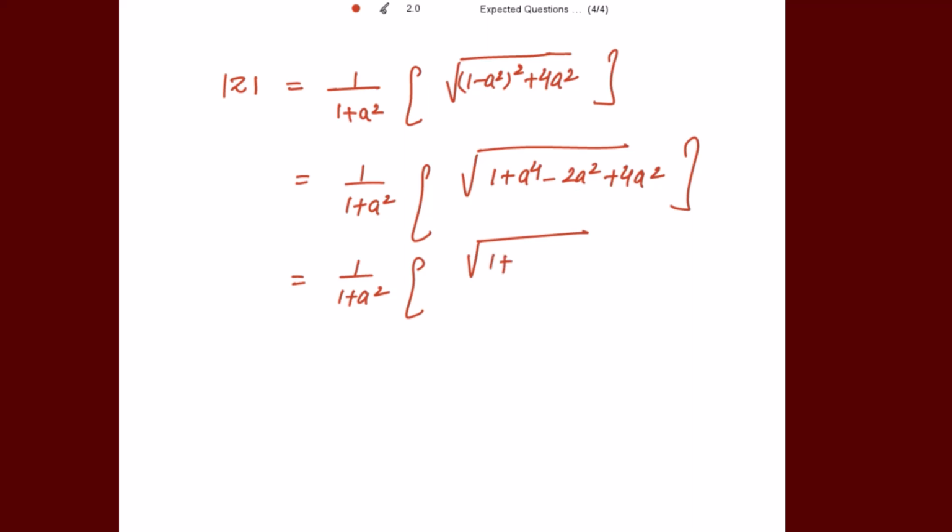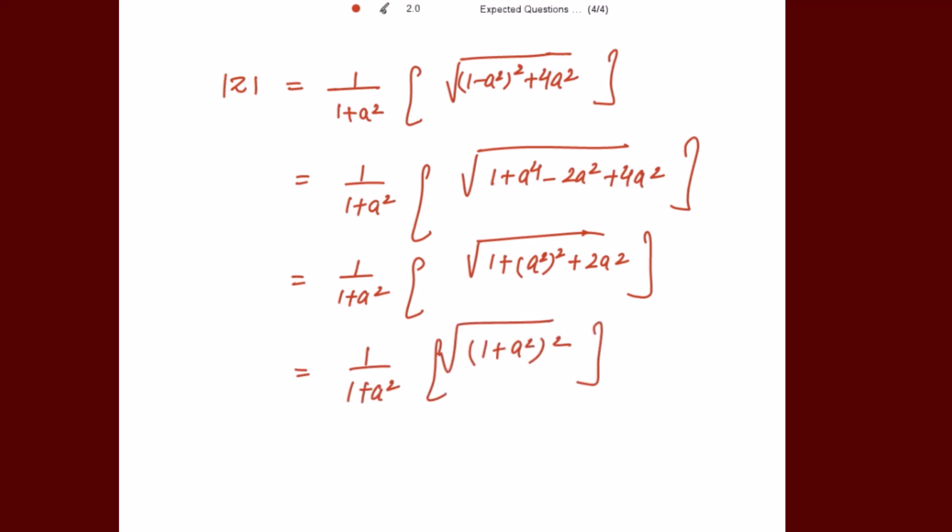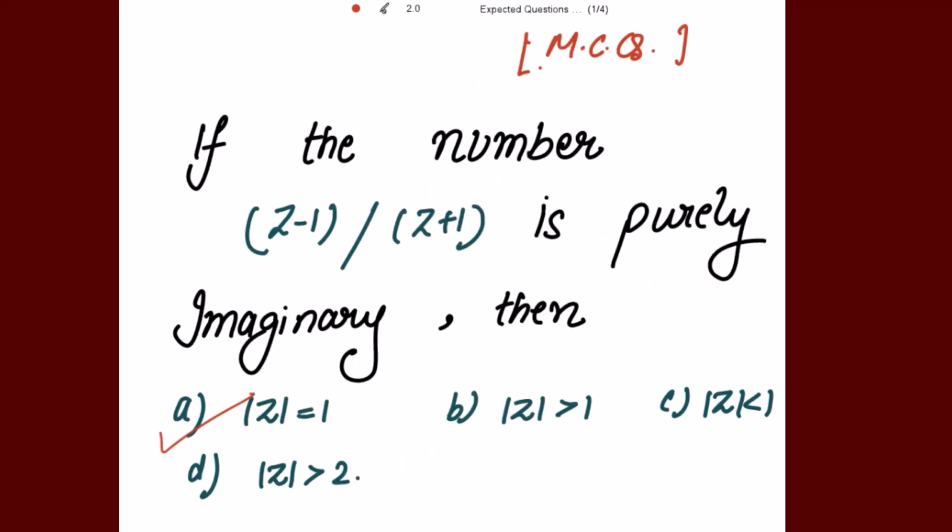So this is 1 + a⁴ + 2a², and can I write a⁴ as (a²)²? This becomes your formula, the square root of (1 + a²)². So this gives us (1 + a²)/(1 + a²), which is equal to 1. So we get |z| = 1. That is the first option. Thank you.